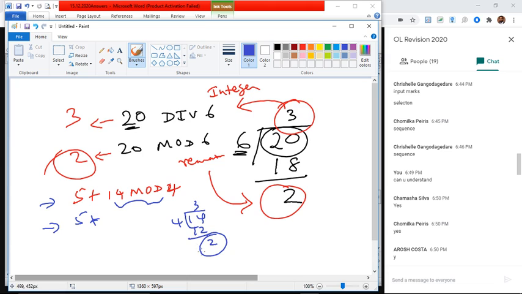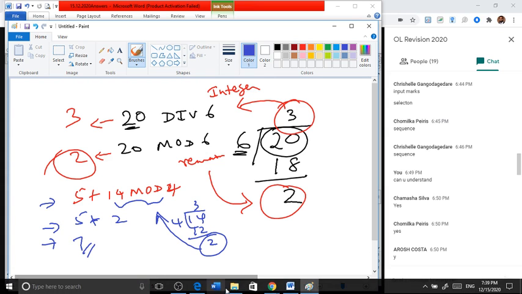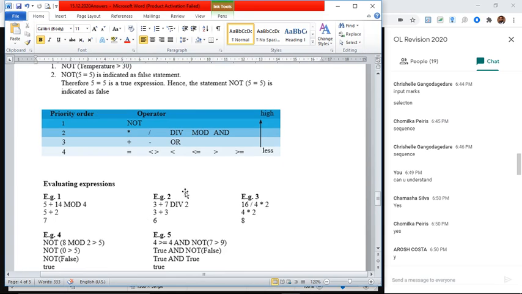So we take 2 here. 5 plus 2, now you have the arithmetic operation, so the answer will be 7. So you take the precedence order, and according to the order, you do the calculation.